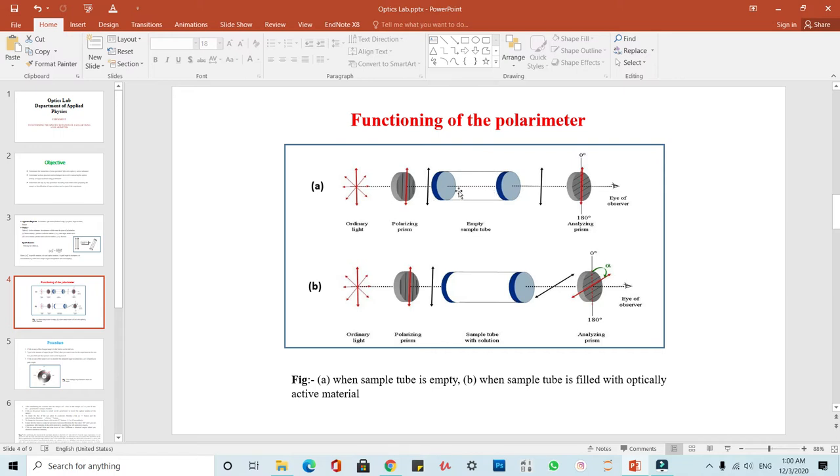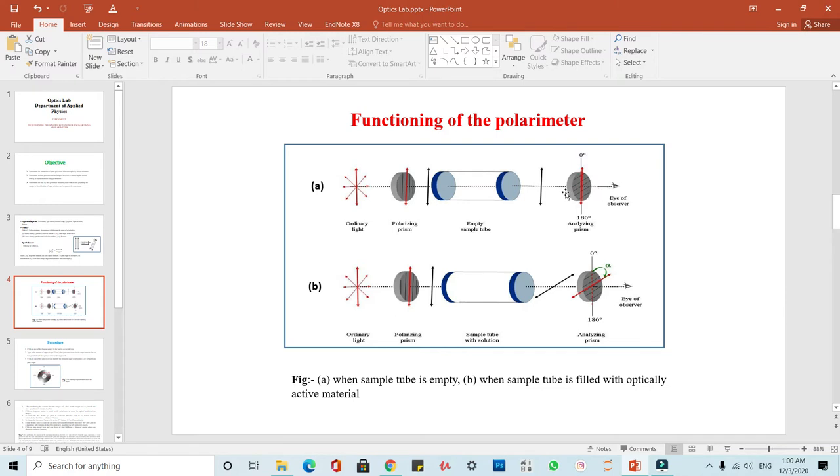As the tube does not contain any sample or optically active material, there will be no change in the rotation of the electromagnetic vector, and the analyzer will detect it as it is.